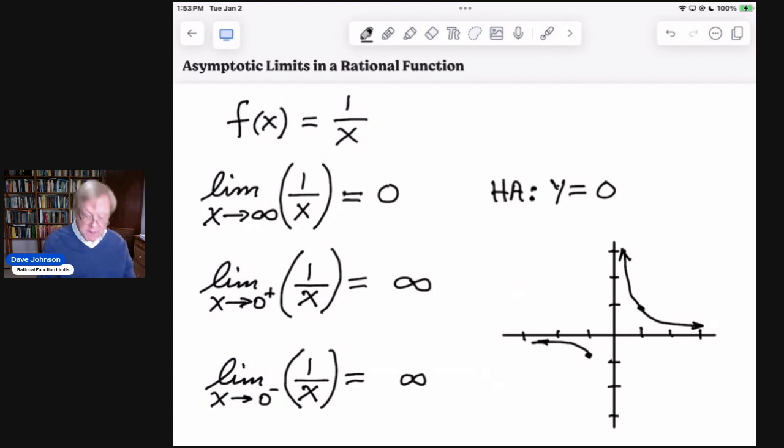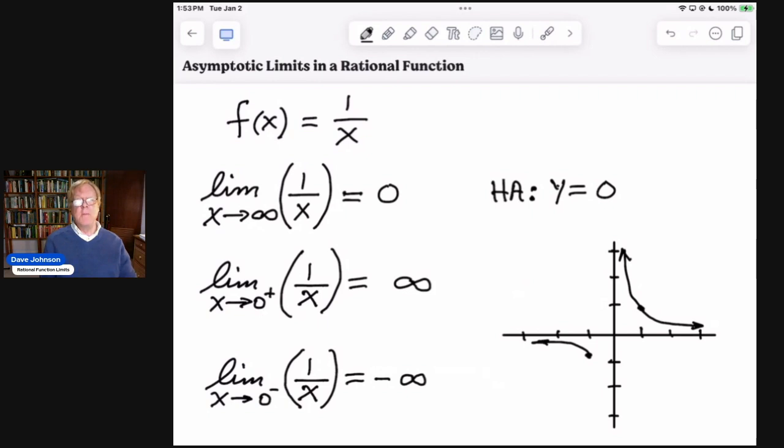And 1 is positive, x in this case has got to be negative because it's going to 0, but it's approaching from the left, so it's approaching through negative values of x. So a positive divided by negative is negative, but the result is going to be some sort of infinity, either positive infinity or negative infinity. It has to be negative infinity.